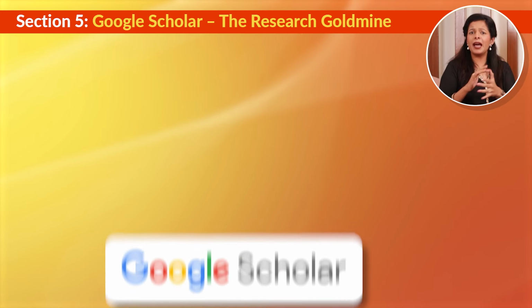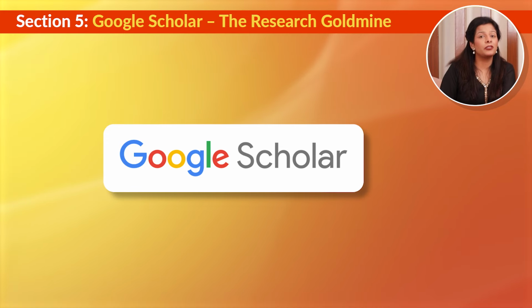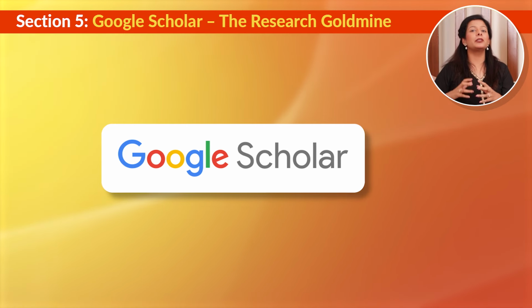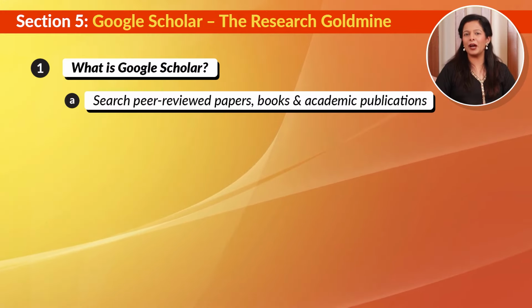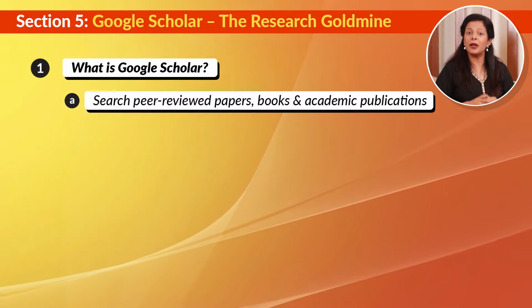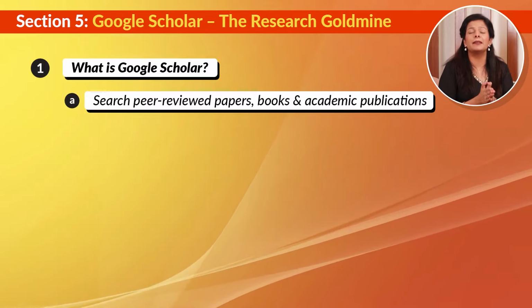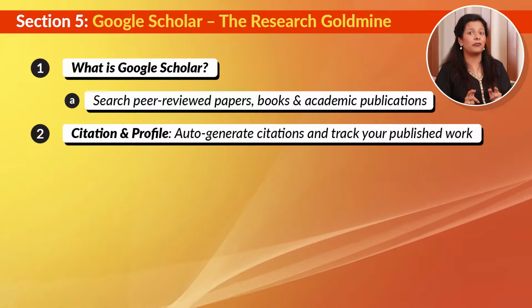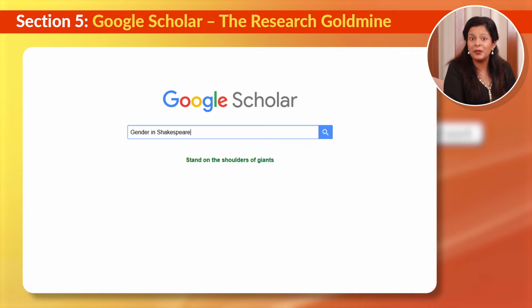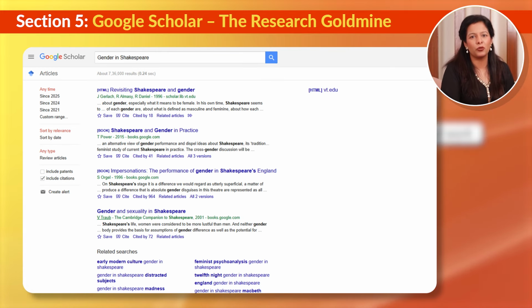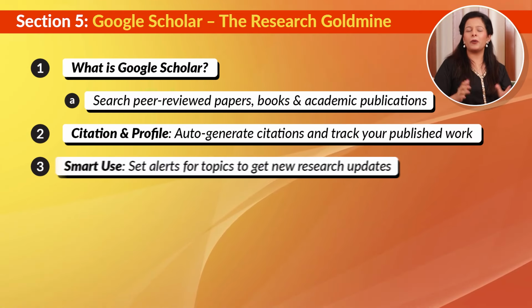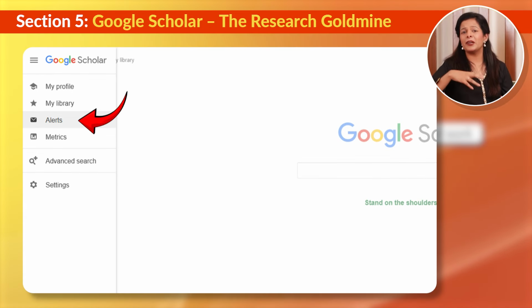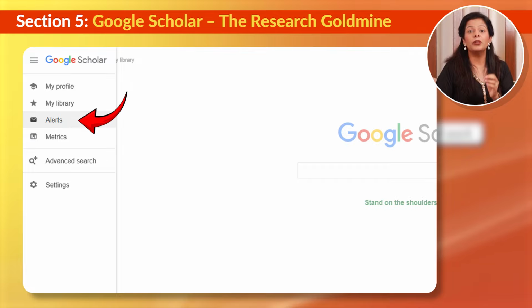Next, we have Google Scholar, which is not just a search engine but a complete research goldmine. Google Scholar allows you to search for peer-reviewed papers, books, and academic publications. It can automatically generate citations for you, and you can even create a personal profile to track your published work or citations. A smart way to use Google Scholar is to set alerts for specific topics so you're notified whenever new research is published in your area of interest.